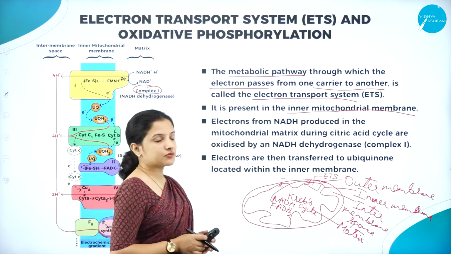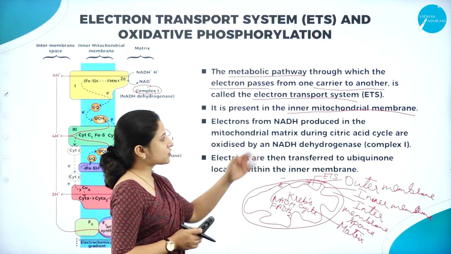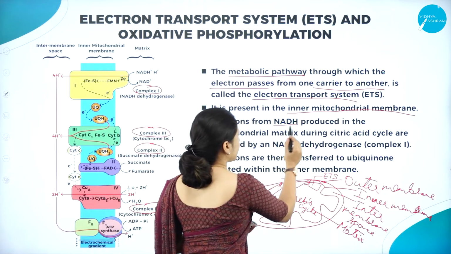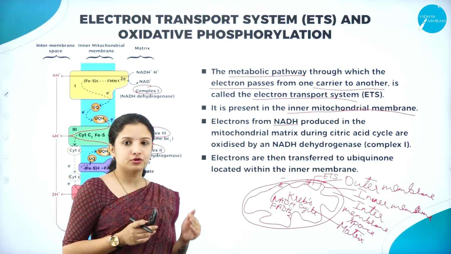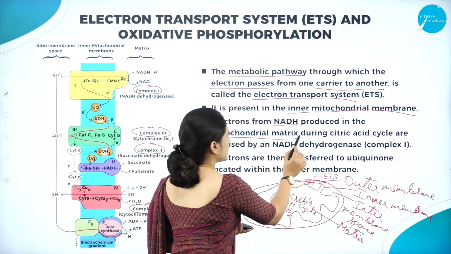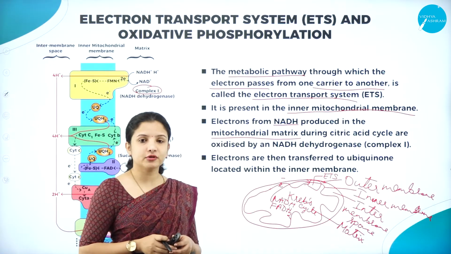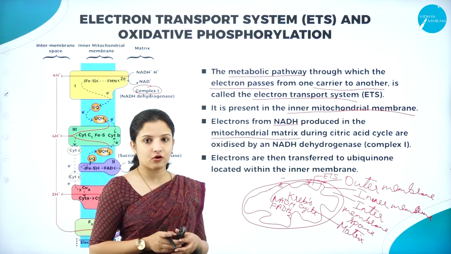So the electron transport system occurs in the inner mitochondrial membrane, and the electrons from NADH produced during the Krebs cycle are produced in the mitochondrial matrix. Why is it produced in the mitochondrial matrix? Because the Krebs cycle occurs in the mitochondrial matrix.